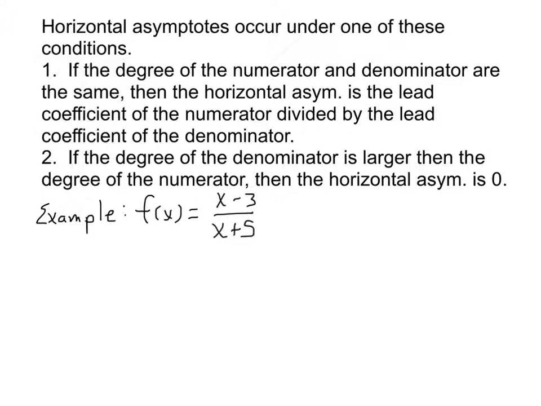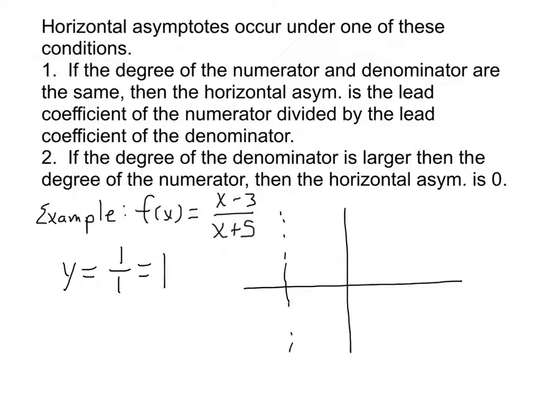So in this particular example, our horizontal asymptote, y equals lead coefficient of the numerator over the denominator, which is 1. And if you take a look at the graph, we had a vertical asymptote at a negative 5, and the graph came up and approached this horizontal asymptote, y equaling 1.